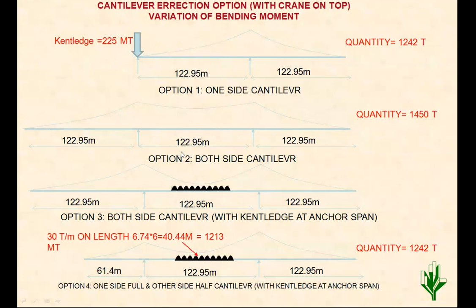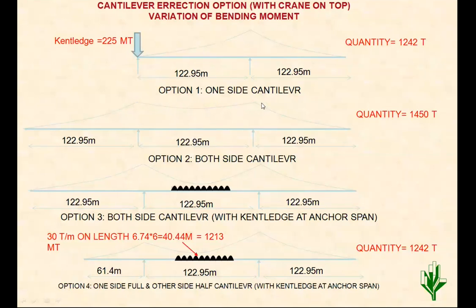In the second case, the same 122 meter span, if we cantilever on both sides, the bending moment will look like that. This is easy to understand. Then there is no requirement of kentledge because that is balanced on either side. Okay. But if you see the bending moment at this mid span, this was having this ordinate, that has increased this much.